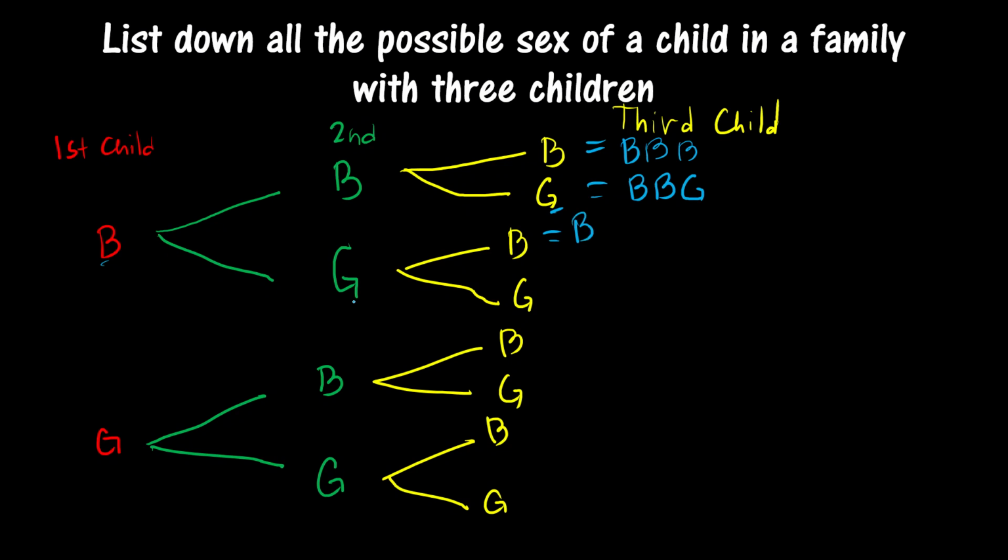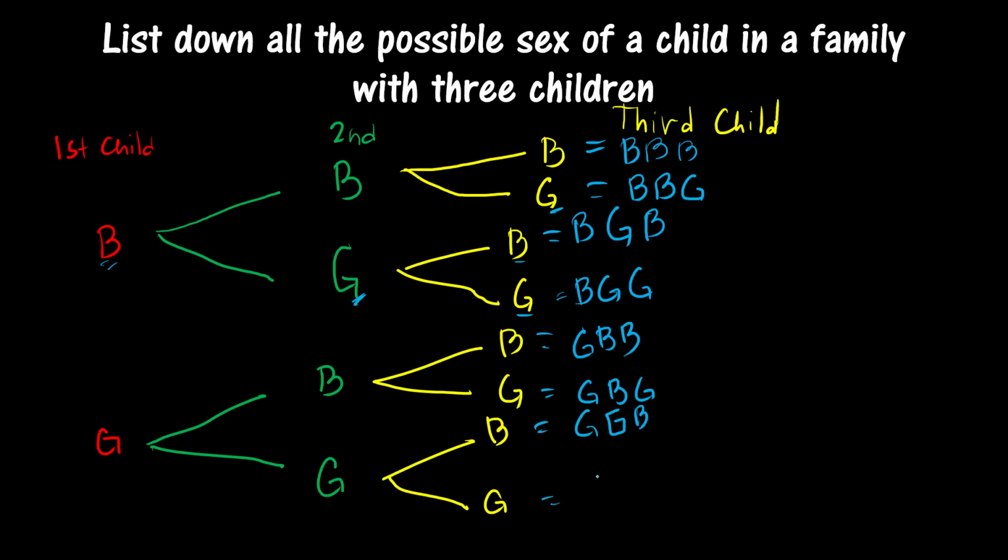Then second child girl na. Third child, boy. Sunod, first child is a boy ulit. Second child, girl. Third child, girl. Next, girl, boy, and boy. Then girl, boy, girl, girl, girl, boy, and lastly, all the three children are girls.